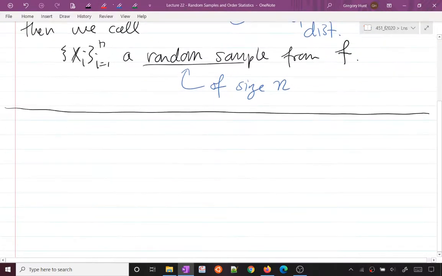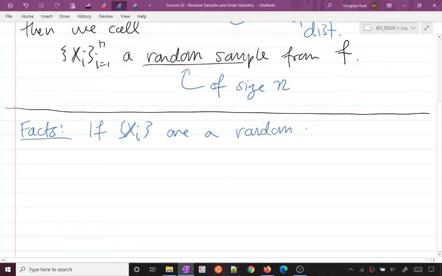So let's talk about some facts of a random sample. Here we have our Xi are a random sample. Then my notation here is, as it was in last lecture, the capital X tilde is just my vector of random variables.